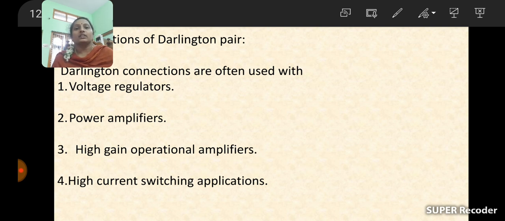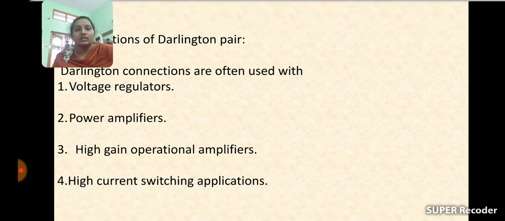So this is about the applications of the Darlington pair.